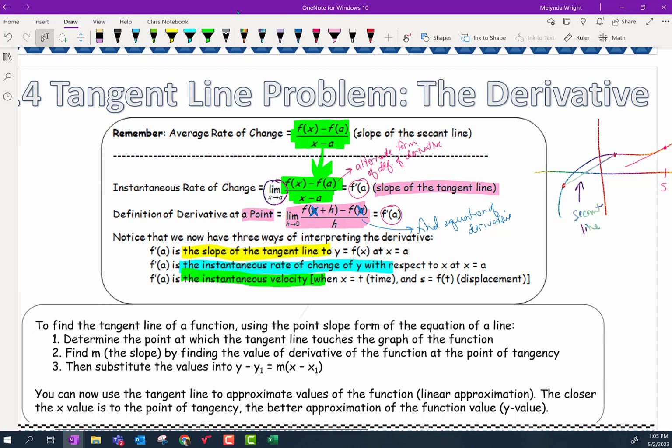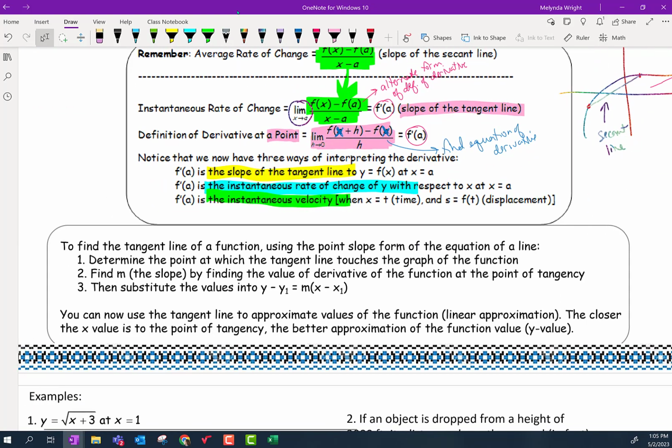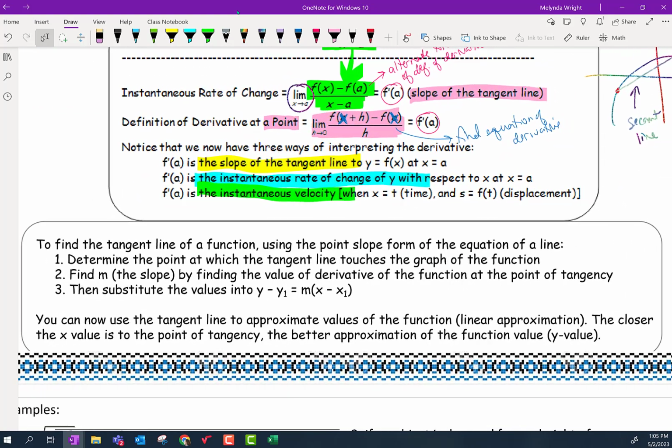Okay, so one of the things that we're going to use our derivative for is to find the tangent line. You know how I love steps, so I wrote out the steps. If we're going to find the tangent line of a function, I'm going to use my favorite equation of the line, which is point slope, because all I need is a point and a slope. There are 3 steps.